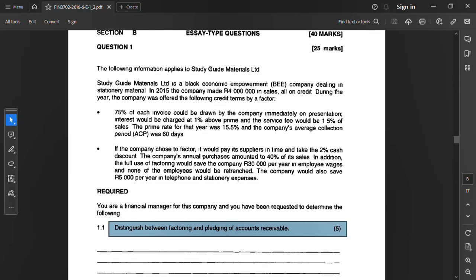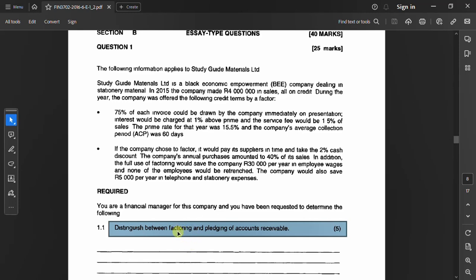So if you're looking specifically at factoring, you're actually going to sell your debtors book. Let's say you have 100 million outstanding, and your business wants to collect that 100 million quicker rather than have to follow up. The business might even have to employ a whole department of people to follow up with clients, send them statements, call them, etc. That's factoring.